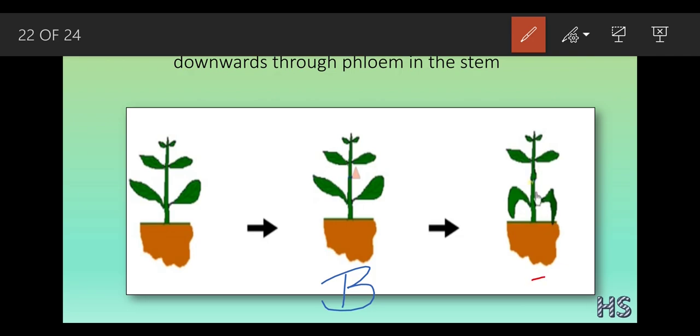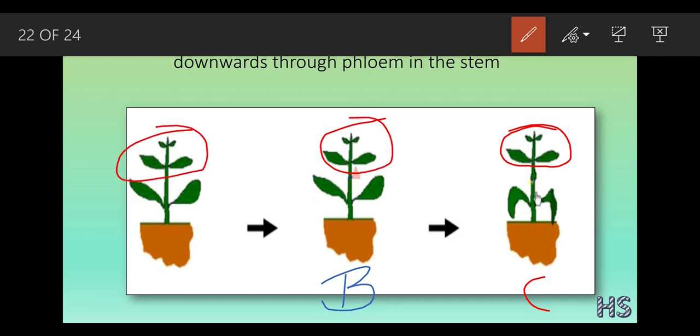What is going to happen in condition C? See, where is the place where the plants prepare their food? In the leaves. The upper side of the leaves is perfectly erect if you compare this part. The place from where I have removed this phloem got swelled up. See this part.